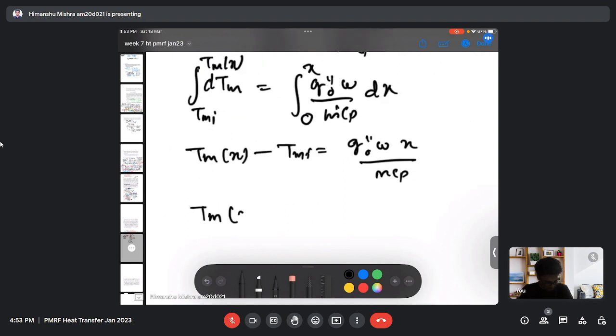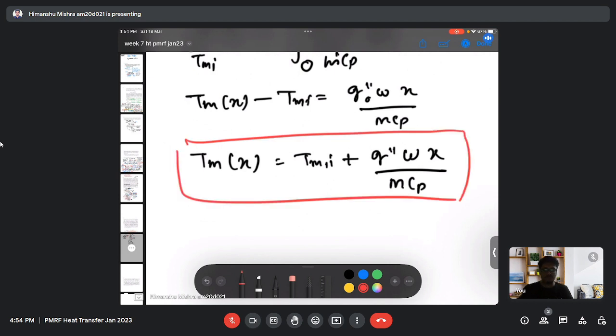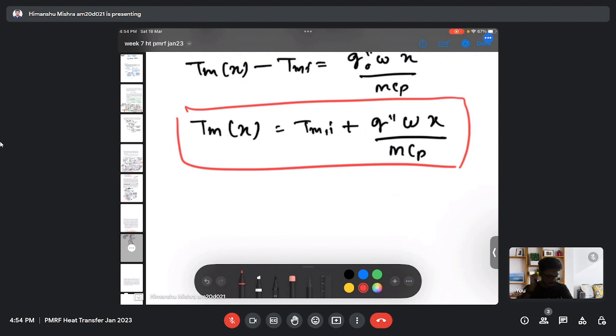So my mean temperature at some random arbitrary location x is Tmi plus q''w x by m cp. So this is my expression for mean temperature at some random location x. Now I need to find the mean temperature at the outlet.